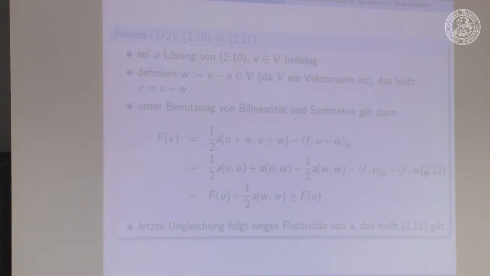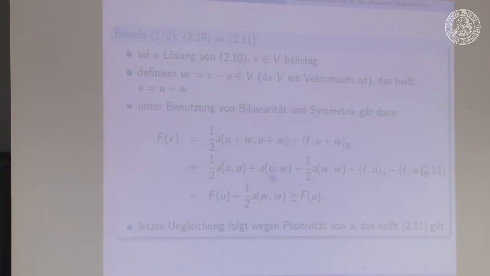And that is what we're doing here. We have our solution U, we have our comparison element V, and on the basis of that we choose a very special test element which helps us here.